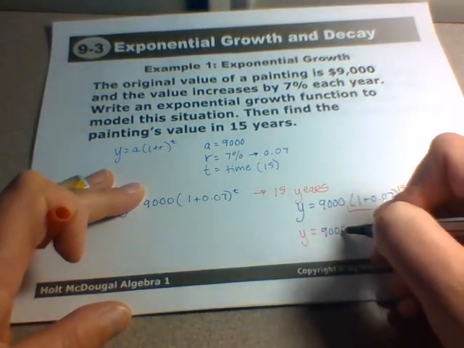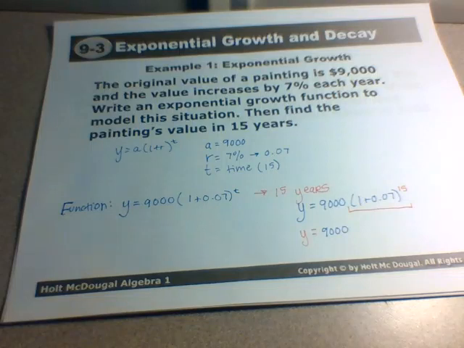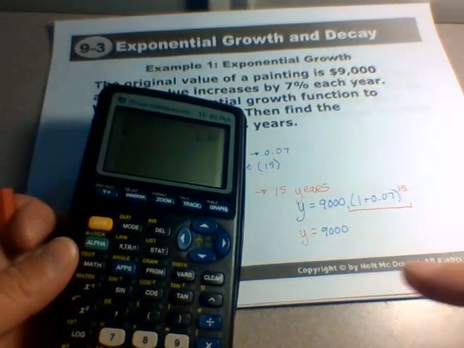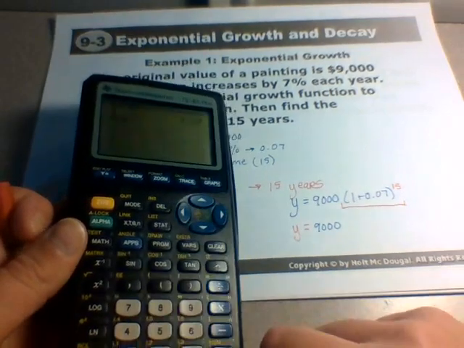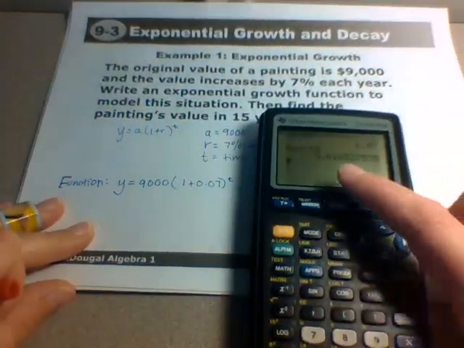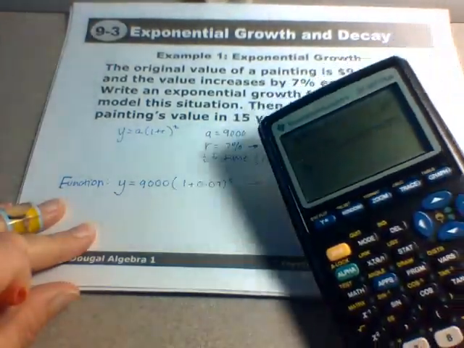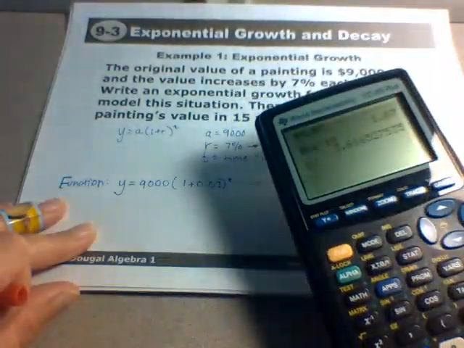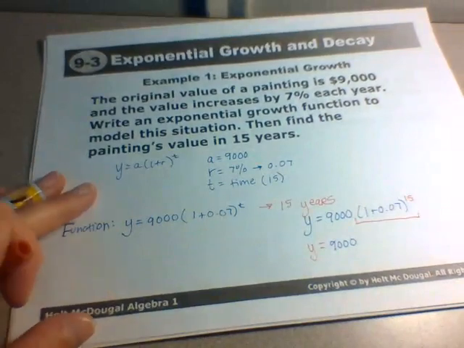So in our calculator, we're typing in that we have 1 plus 0.07. And so, of course, 1 plus 0.07 is going to be 1.07. And then to the 15th. So if that's raised to the 15th power with a little caret, you're going to get 3.6165.